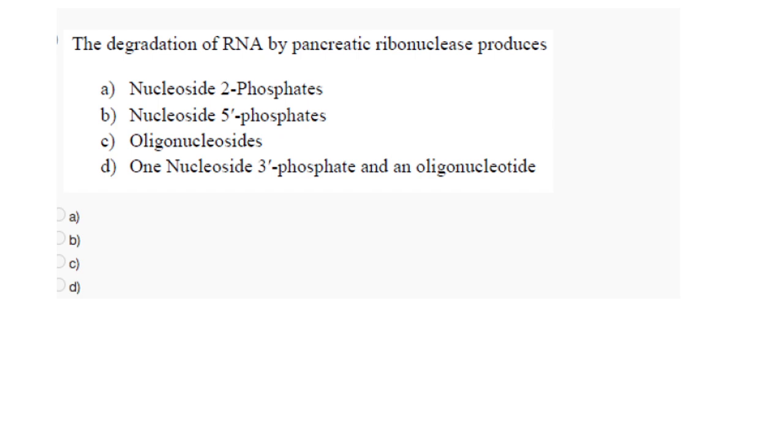Option C, oligonucleosides. Once the RNA is degraded by RNase A, it will produce one nucleoside 3' phosphate and an oligonucleotide. So option D is correct.